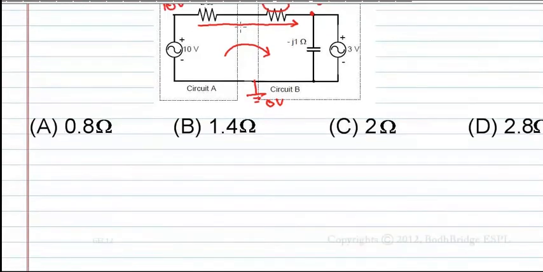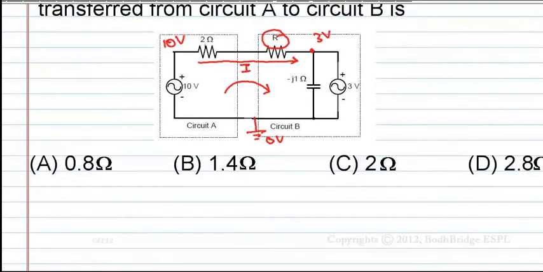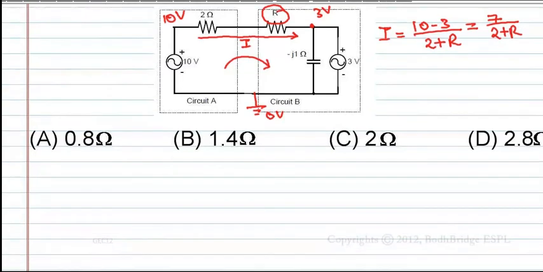The current going, I will call it as I. I is equal to 10 minus 3 by 2 plus R. This is 7 by R plus 2. This is the current.